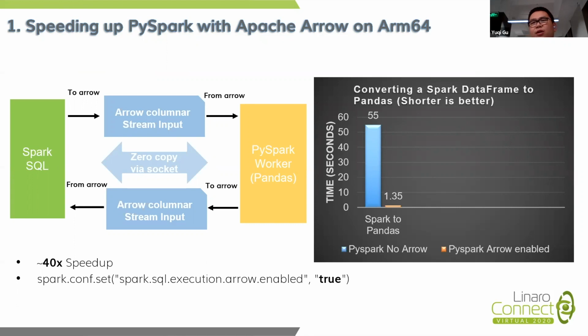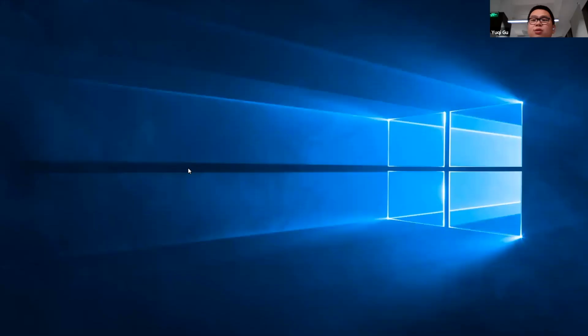In Spark SQL, it will enable Arrow with this command, and it will convert the data frame in Spark to a data frame in pandas. We can get about a 40-fold speed up.